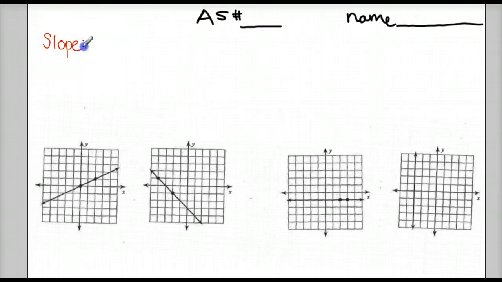So, the first thing you need to know about slope, I'm sure you've heard of it. And I'm sure what mostly comes to your head is rise over run.